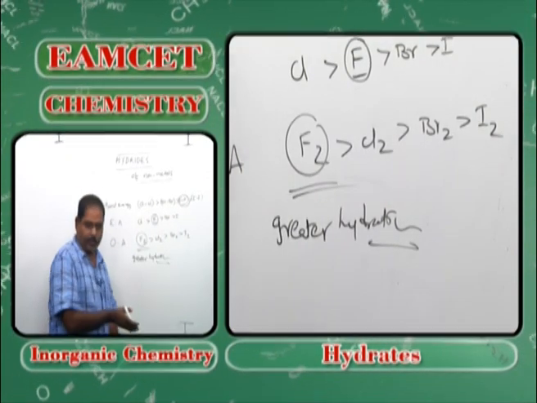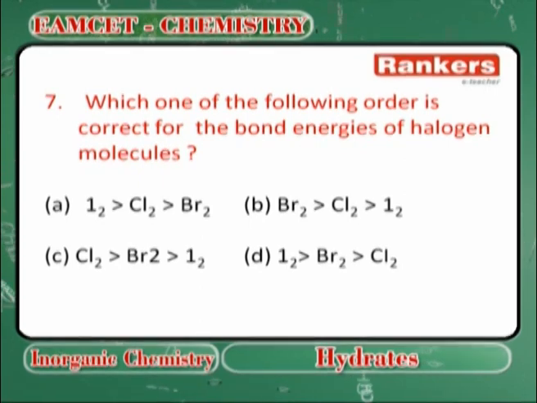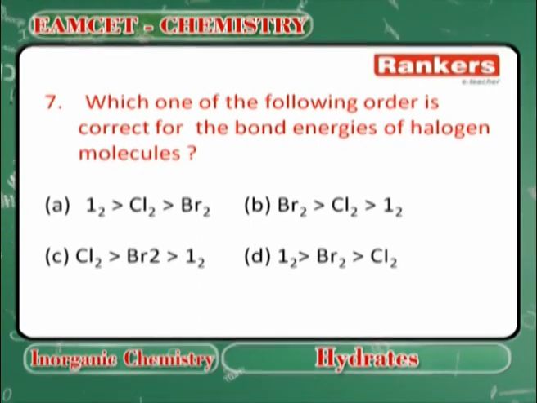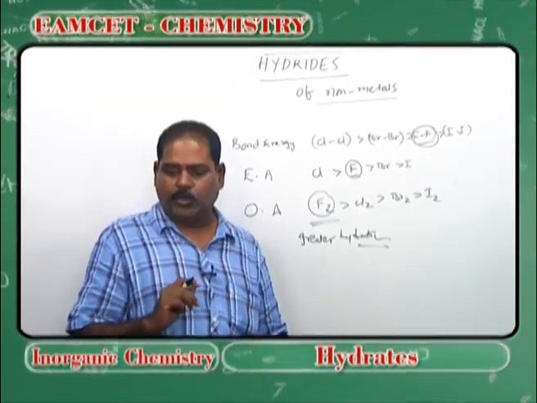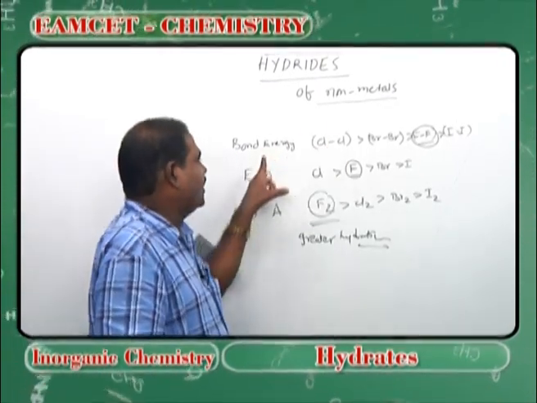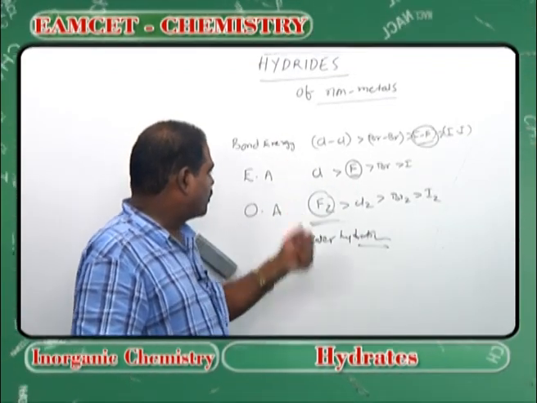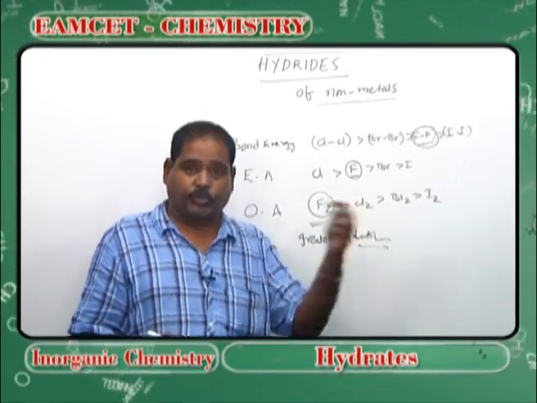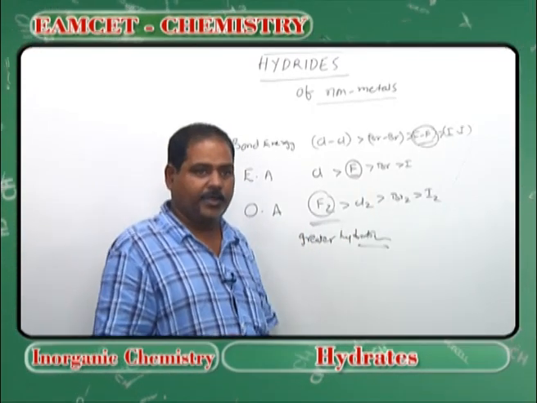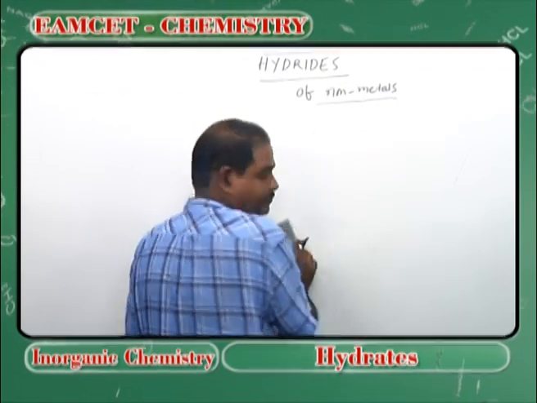Now, the question is simply about bond energies, but it is not enough if you just answer this question and applaud yourself, very good, I did well. No, it is not enough if you answer one question or two. You should answer all related questions. No doubt the question is about bond energy, but when we are talking about bond energy, you should talk about what happens to electron affinity, what is their oxidizing ability. So, like this. Next question, please.